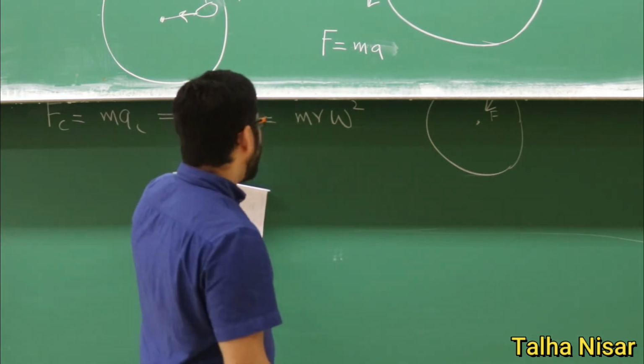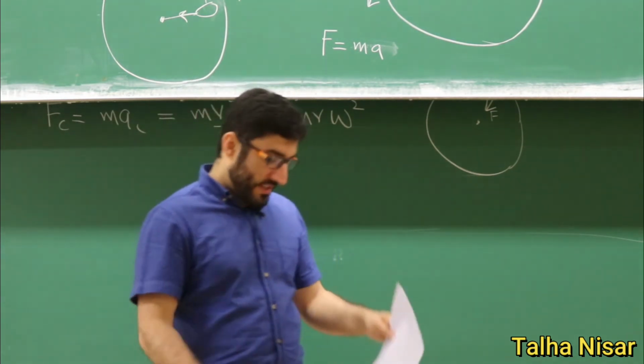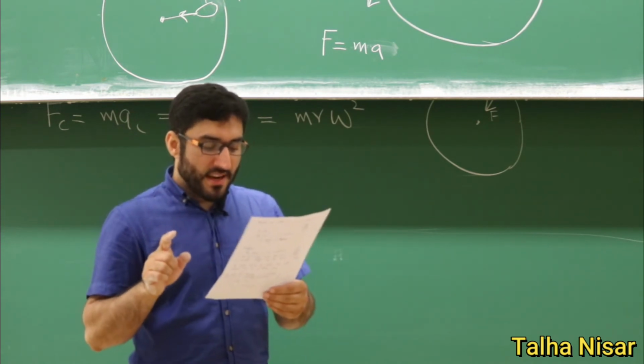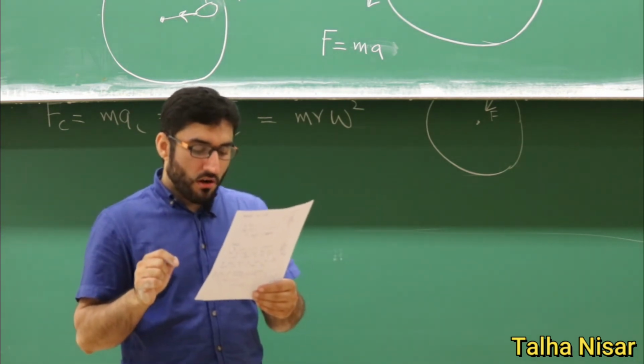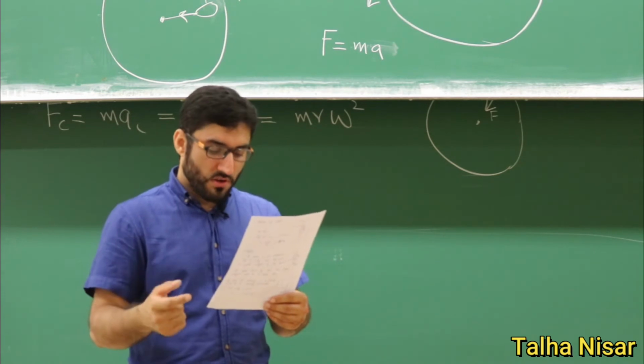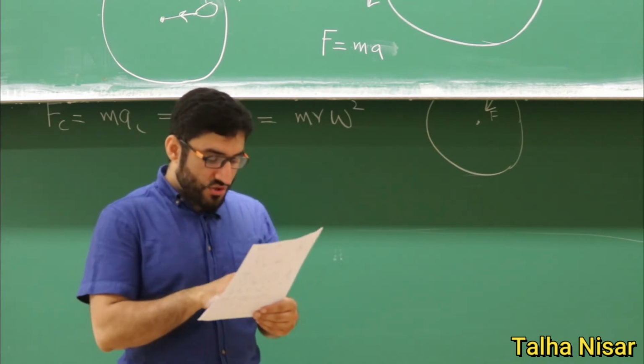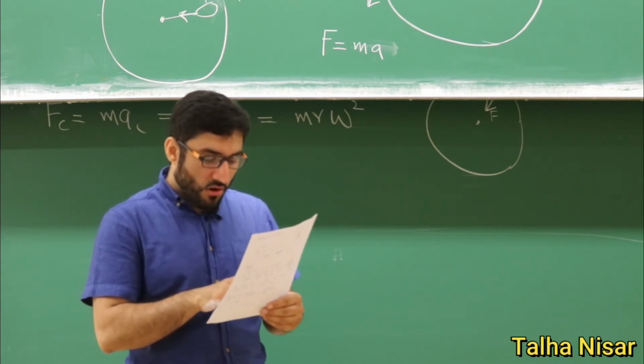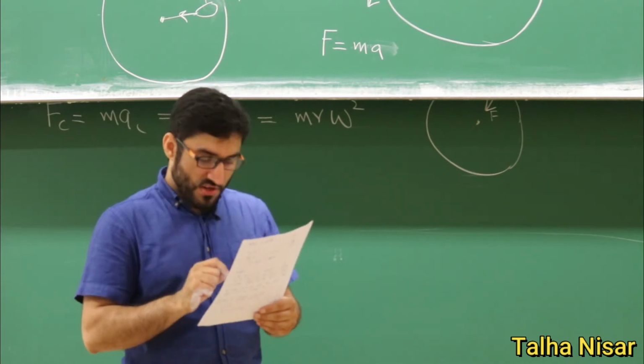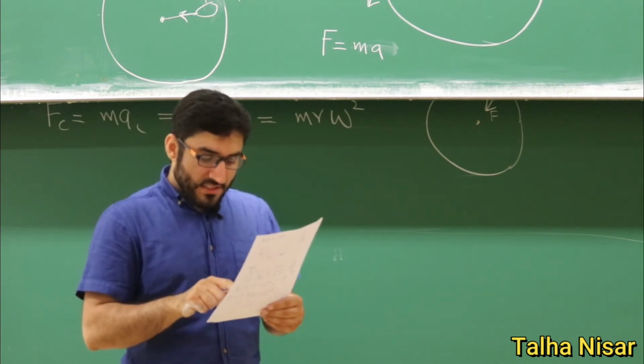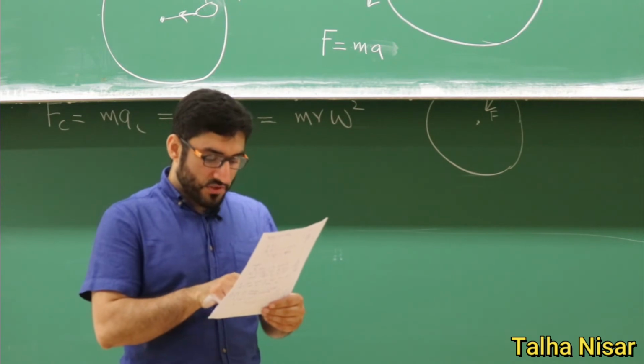Now to explain this centripetal force, we are taking one example. A 100 kg car, which is a small or medium-sized car, is turning around a corner at a speed of 10 meters per second as it travels along an arc of a circle.